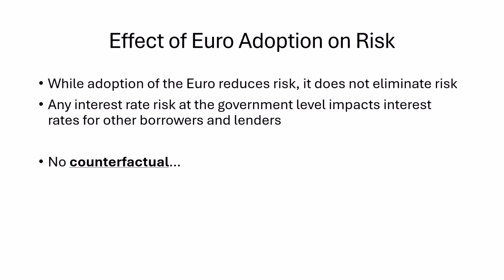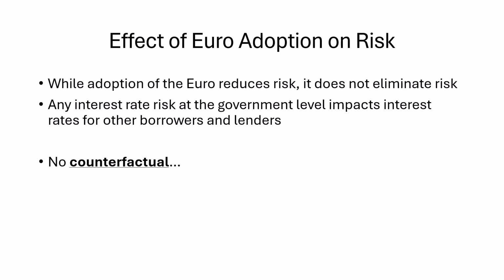What we tend to believe is that the adoption of the euro did reduce risk for these countries as a whole. Okay, so what I mean by that is if you aggregate the 20 countries that have adopted the euro, those countries have lower levels of risk today than they would have had if they hadn't adopted the euro.